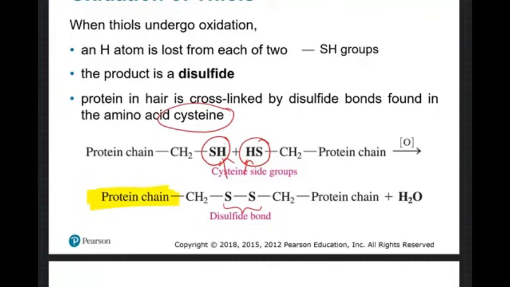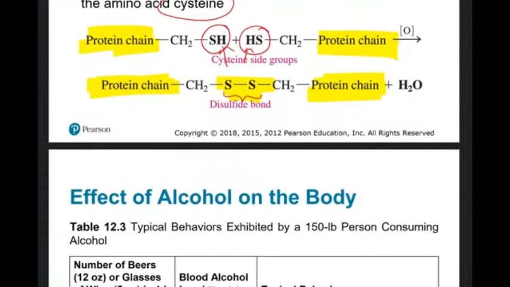This is a protein chain. This is a protein chain. They were independent, and now they are connected. So understanding that two SH groups can form this disulfide bridge is important to understand why this is critical in shaping protein molecules. Okay?